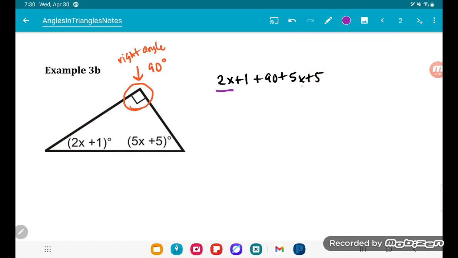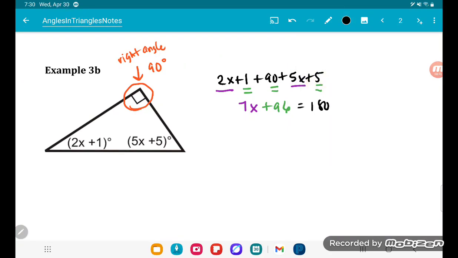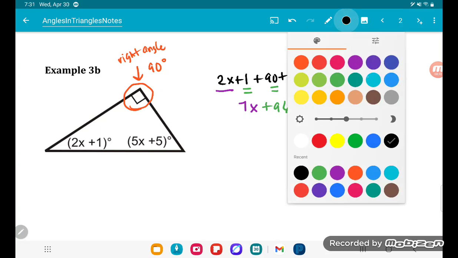Combine like terms. So I'm going to put one line under the x terms. So 2x plus 5x is 7x. I'm going to put 2 lines under the constants. So 1 plus 90 is 91 plus 5 is 96. Yes, we set it equal to 180 because that's the interior angle sum of a triangle.